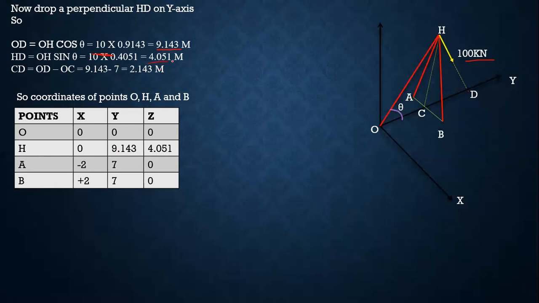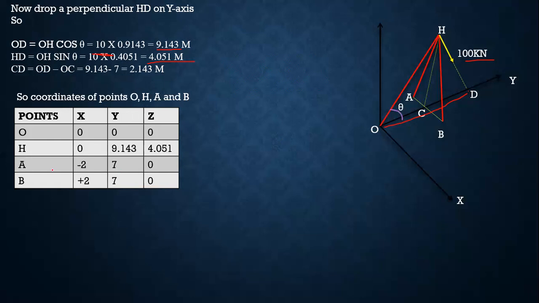HD is 4.051 in the height. So the coordinate of H is 0, 9.143, 4.051.